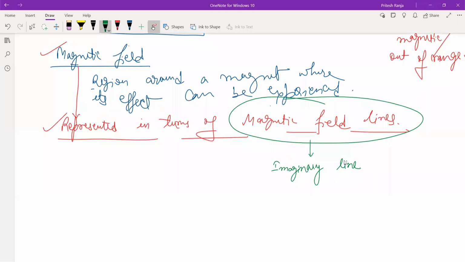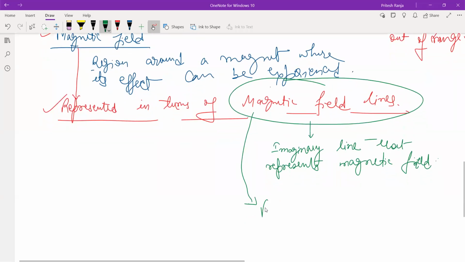So this is an imaginary line that represents the magnetic field, or that represents the region around a magnet. So there must be certain properties of this magnetic field line as well, and we will discuss those properties.